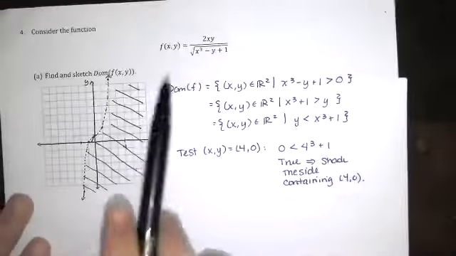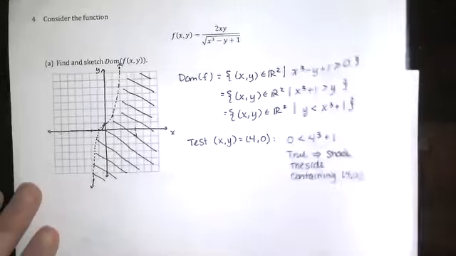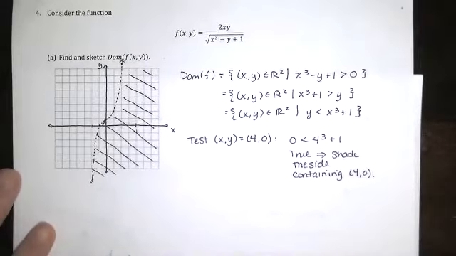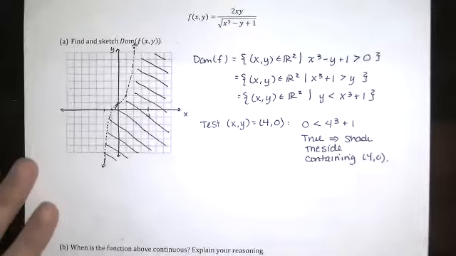Now the last question in this quiz says, when is the function continuous? Explain your reasoning. Well, it's a function given by this equation. All the functions that you've studied are continuous on their domains. So that's all I'll say.